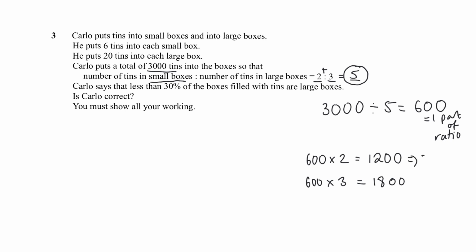So that 1,200 is the total number of tins in small boxes. Wow, this is terrible handwriting. We're going to rewrite that again.